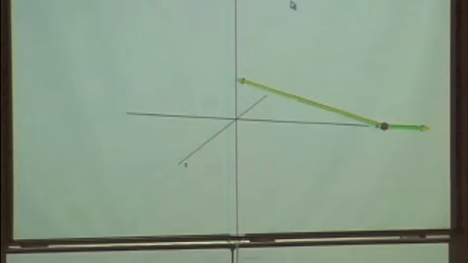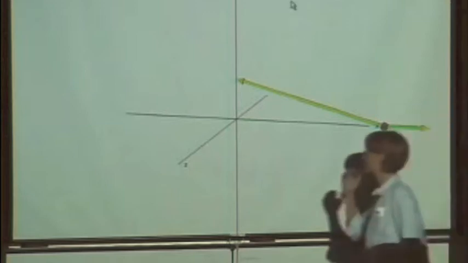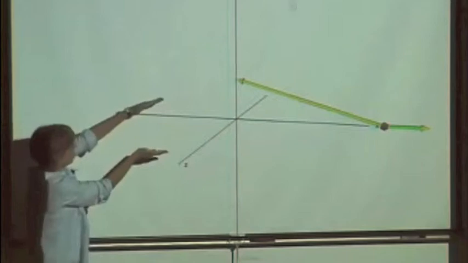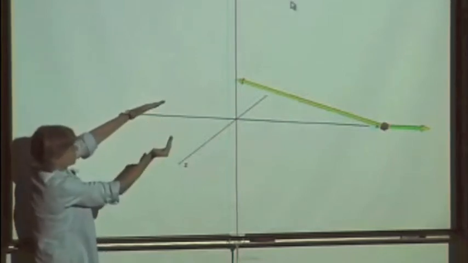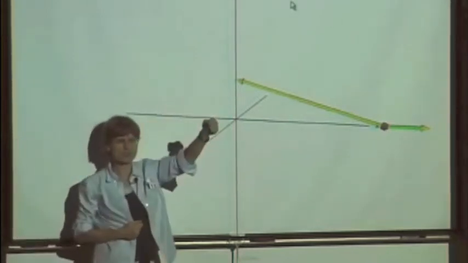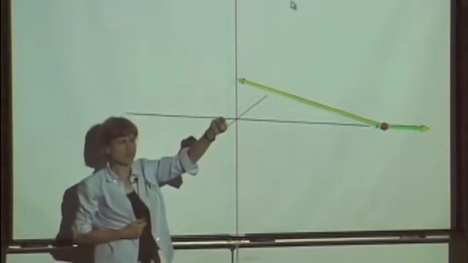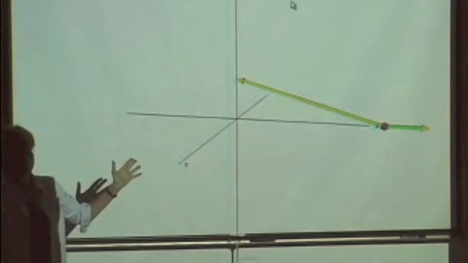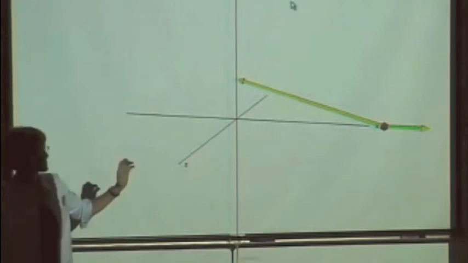Is it V cross R, or is it R cross V? Okay, we had V, and R hat was that way, so V cross R gave a magnetic field in the plus Z direction, which is what you saw, right? But R cross V would give a magnetic field in the minus Z direction, and that's not what you saw.